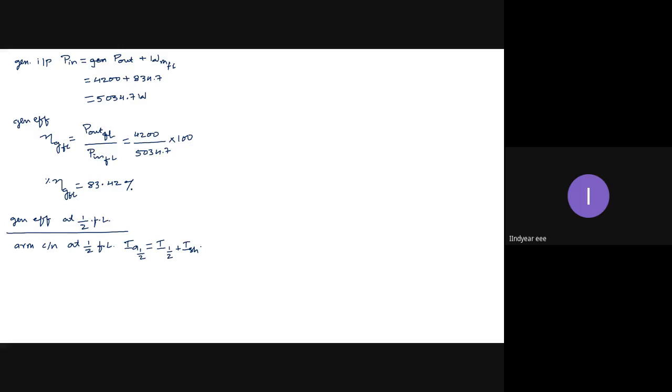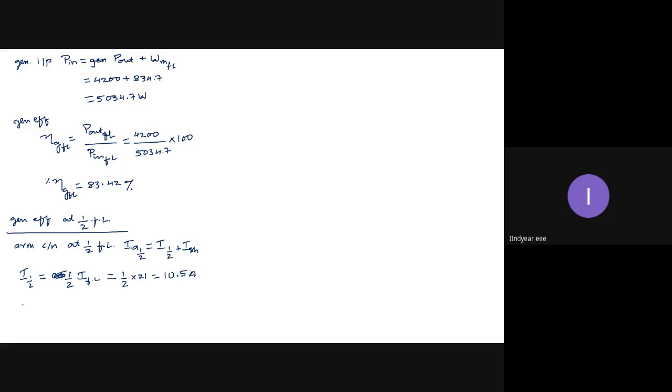This is a generator. Now what is I half? Line current at half the full load is equal to 0.5, or 1 by 2, into line current at full load. So this is equal to 1 by 2 into 21, that is 10.5 amperes.